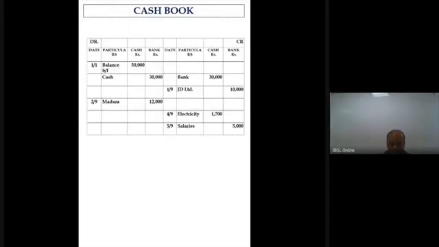Oh, sorry, 5,000 salaries, and then 17,000 debts, and then 5,000 purchases. So now see the next transaction. 10th of September, rupees 350 was charged by the bank for a dishonored check.